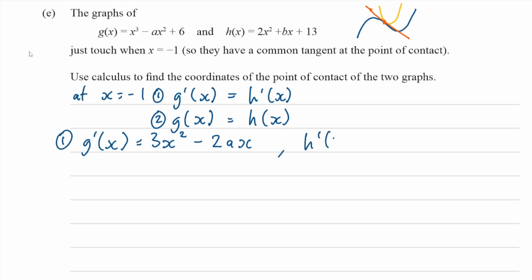Now h prime of x: 2 multiplied out the front gives 4, subtract 1 from the power gives x to the power of 1, and the derivative of bx is b, and the derivative of 13 is 0. Now we can use equation 1, equating those two together, which gives 3x squared minus 2ax equals 4x plus b.